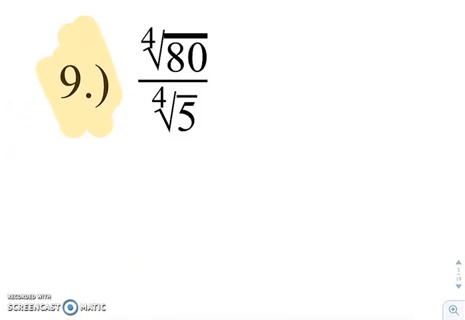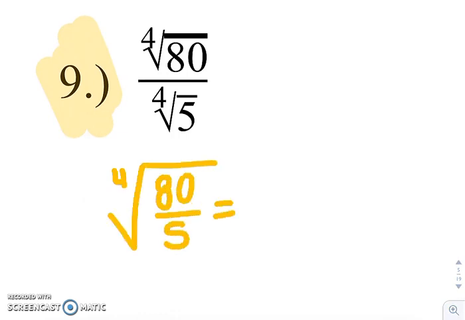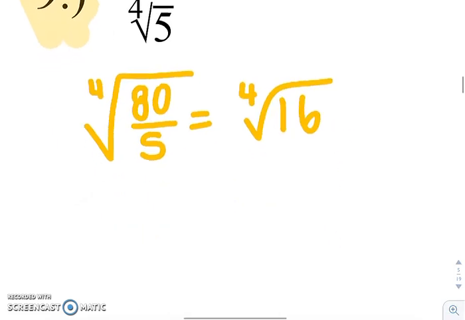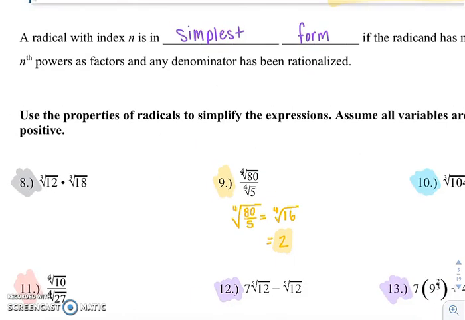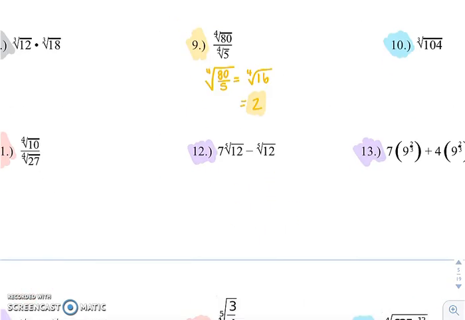If we put them under one root and just do 80 over 5, that becomes the 4th root of 16. And that's a perfect 4th root because the 4th root of 16 is just 2. So sometimes you kind of have to evaluate what you're working on and figure out what's the best option or method to use.